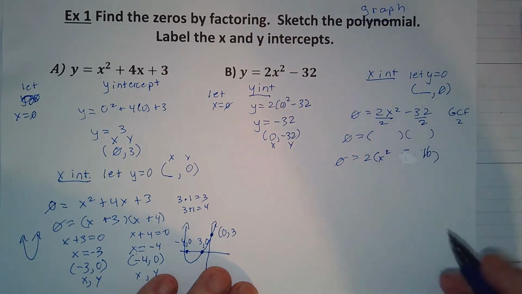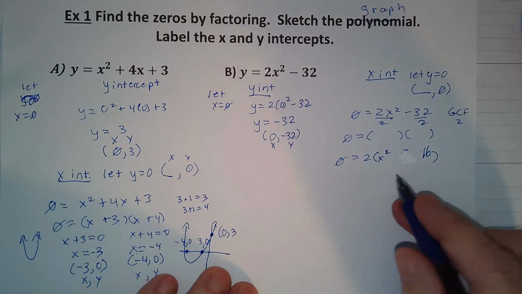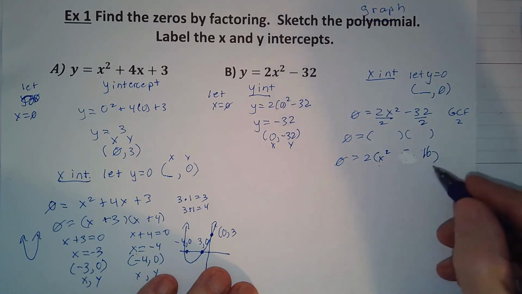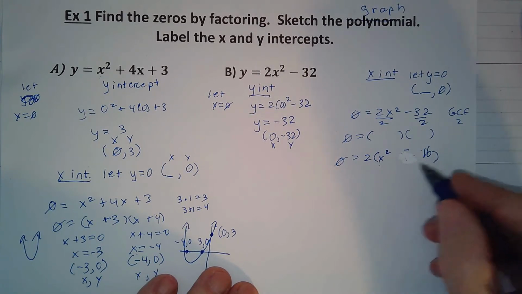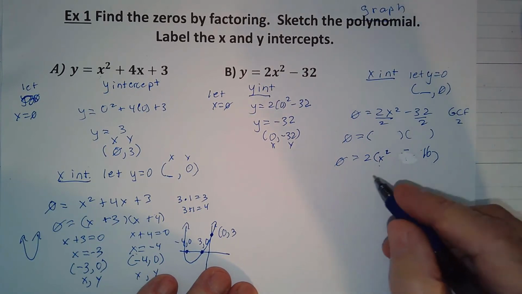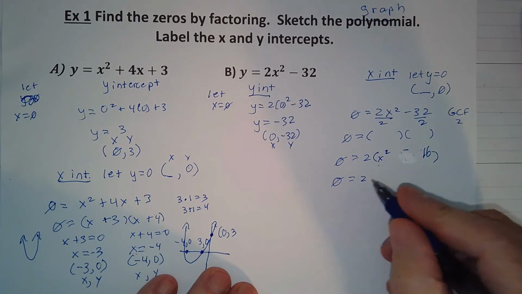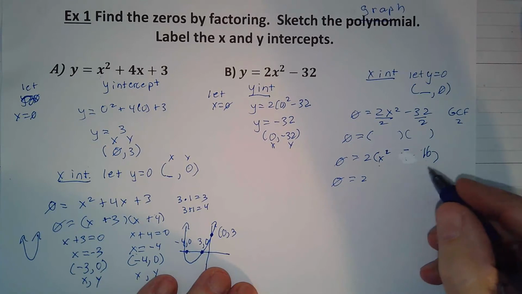All right. So now, looking at x squared minus 16, these are both perfect squares. Notice 4 times 4 is 16, x squared is x times x. So we can factor that now into a difference of squares.